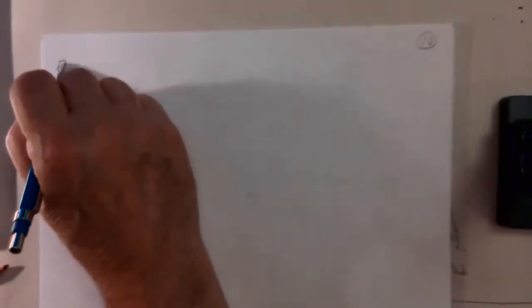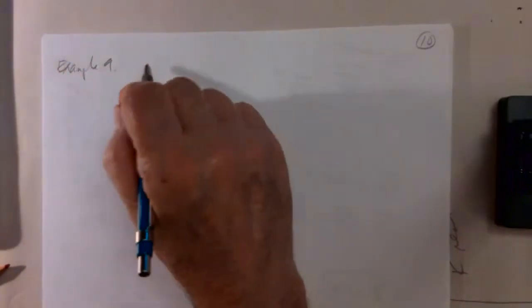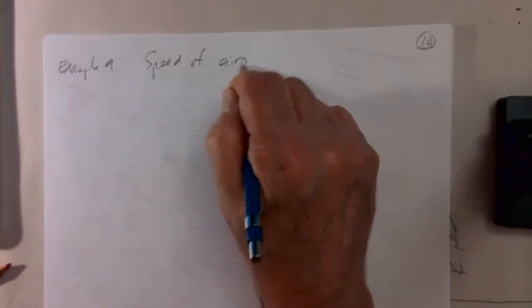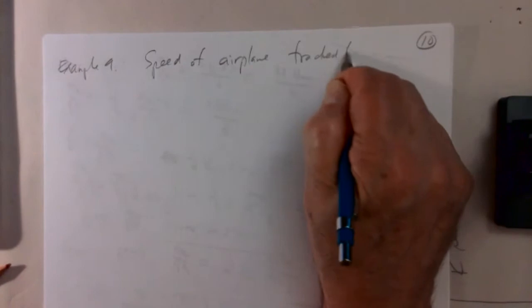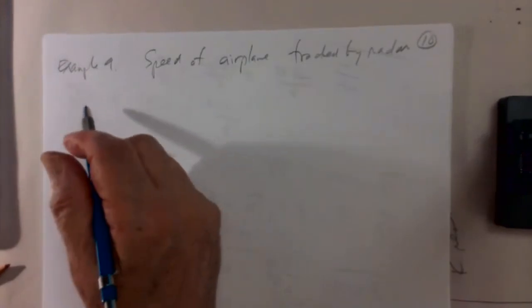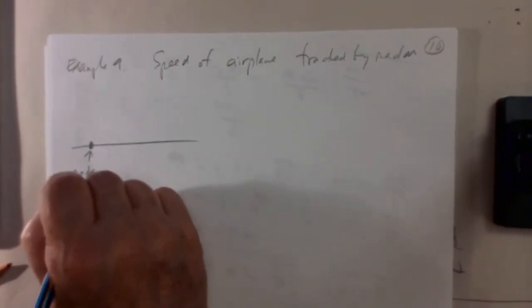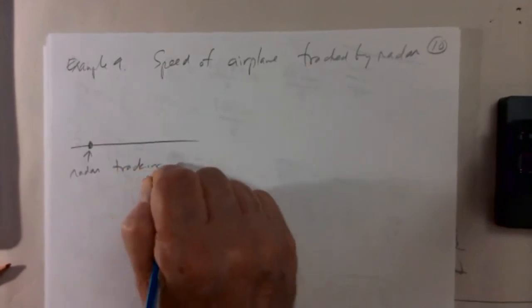Example 4. This is the speed of an airplane tracked by radar. So here on the ground is a radar tracking station.